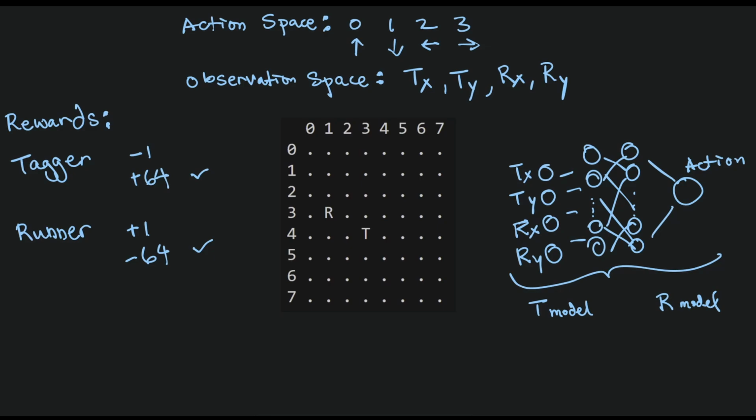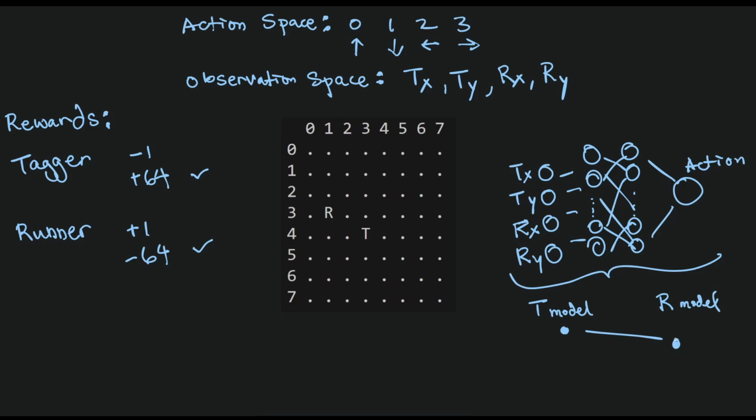So because of that disadvantage, we'll start training with the tagger model first. We're going to train it for a certain number of episodes, and that number of episodes is something that you can adjust. After training the tagger model for a certain number of episodes, we'll switch over, we'll load up the runner model, and we're going to train it against the tagger model that is hopefully a little bit smarter than before.